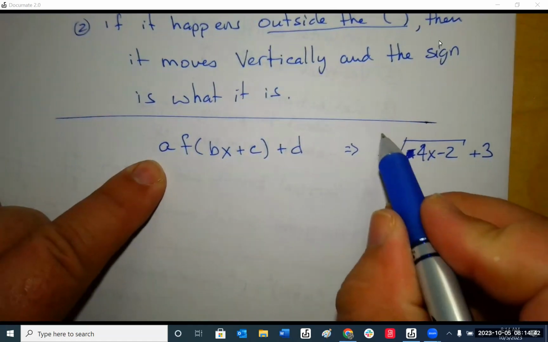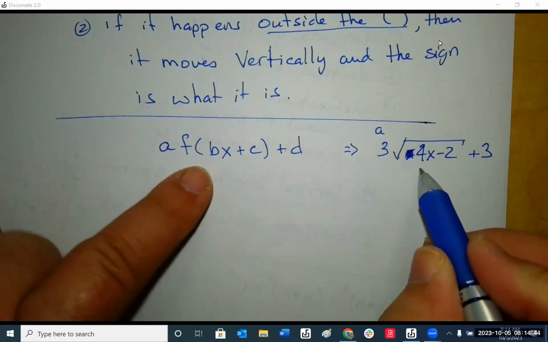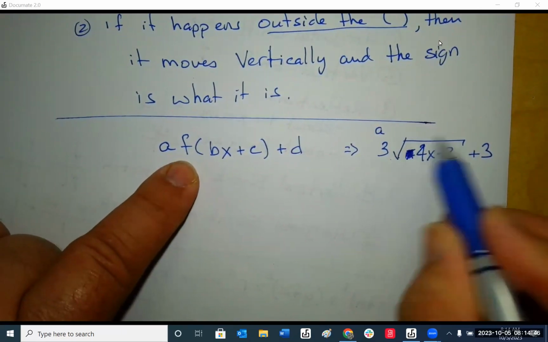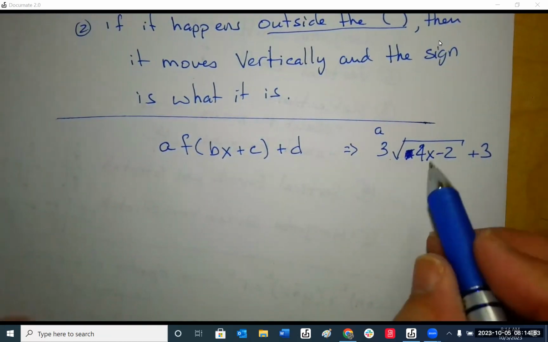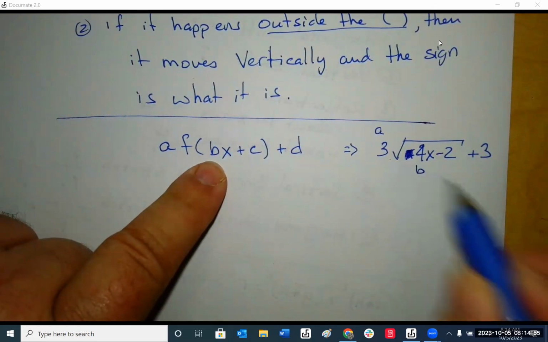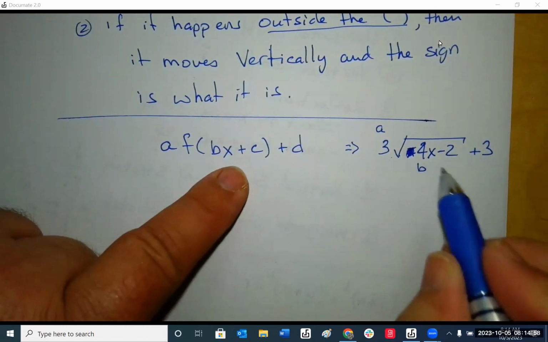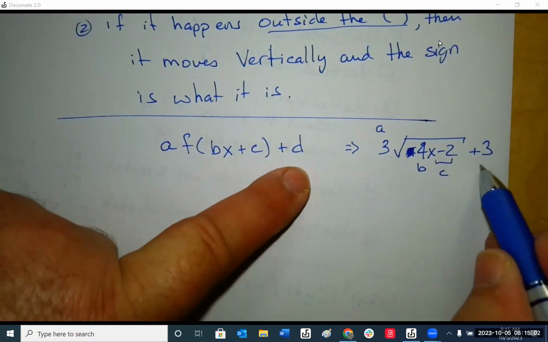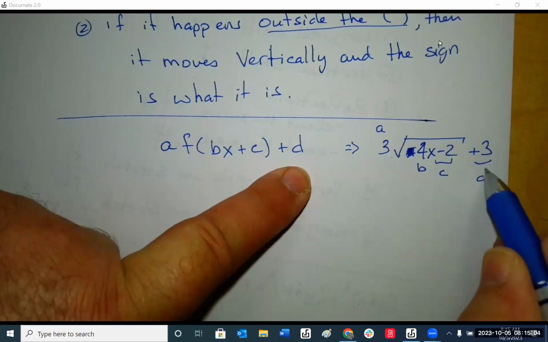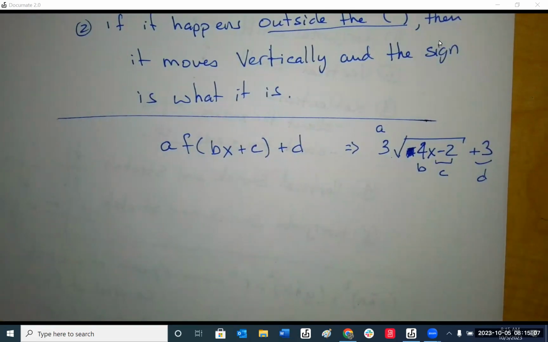There's the A. This one's the A. Here's the function. The function is a square root, but it has to be one of those from the library function sheet, which you're supposed to have memorized. Whatever's in front of your X is your B. Whatever's after the X inside the function is your C, and whatever's outside is your D. Each one of these contributes in some way to the transformation of the graph.